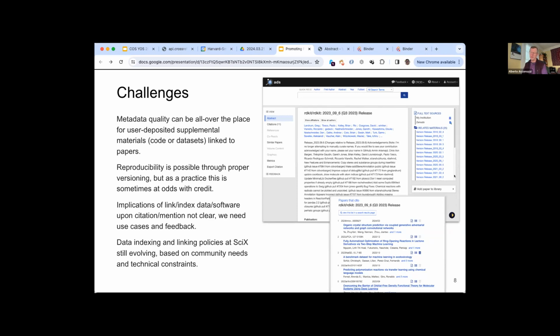Also, frankly, the meat grinder that the articles go through before they reach Crossref and other data consumers means that a lot of the linkages are not as clean or as well annotated as we wish. So if we talk about reproducibility, we should also talk about what needs to be done to make these workflows more reliable and better. And I'll stop here.